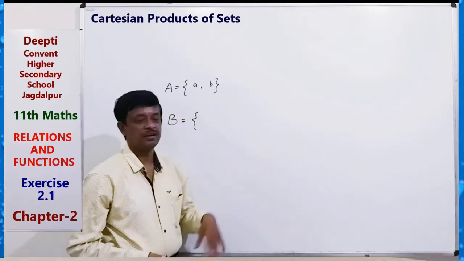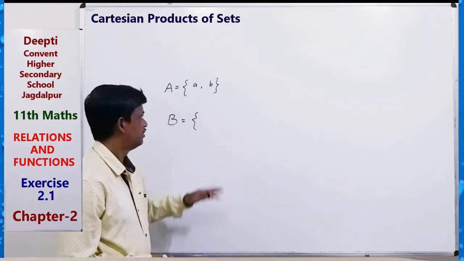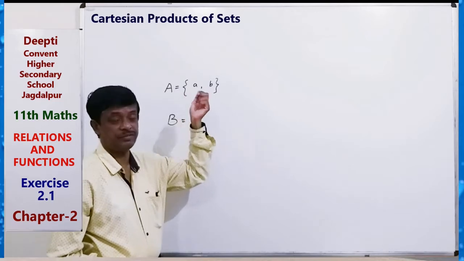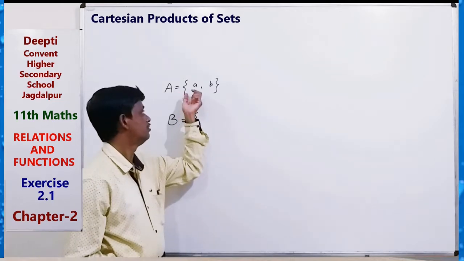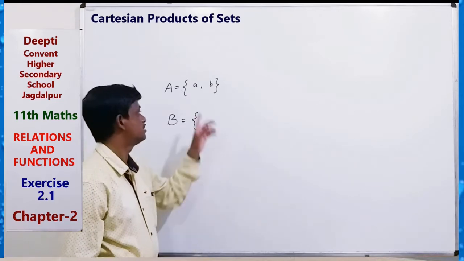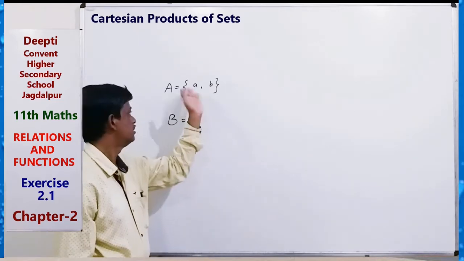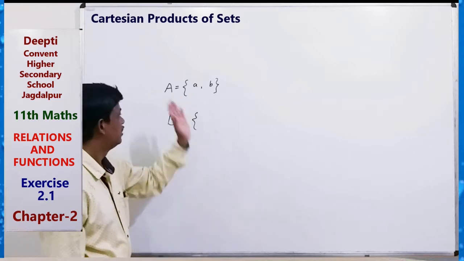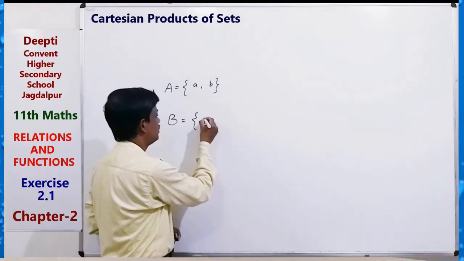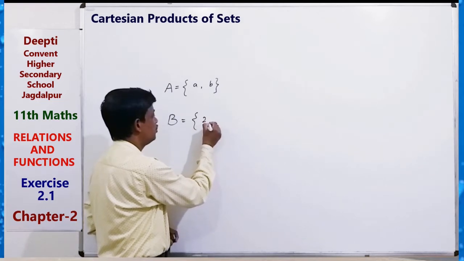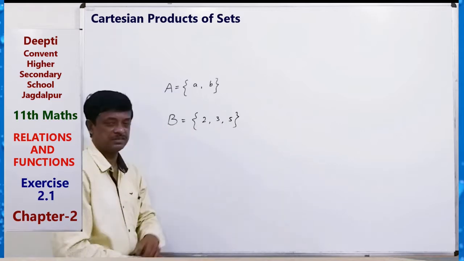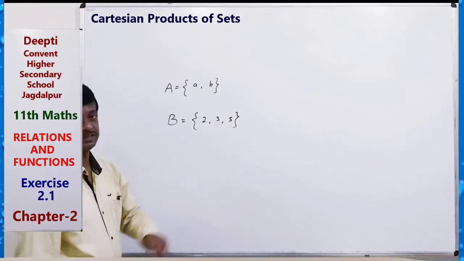Elements may be objects, may be anything. We have to write or list the elements in the set separated by commas. Similarly, suppose we have another set B equal to {2, 3, 5}, containing only three numbers.